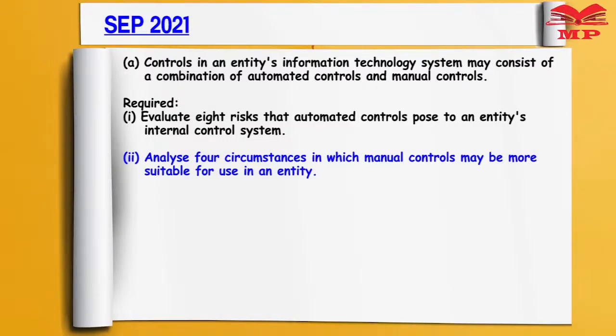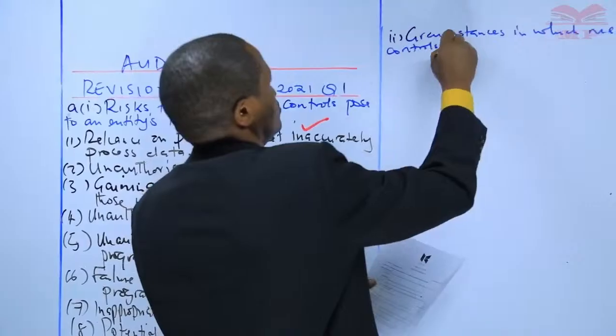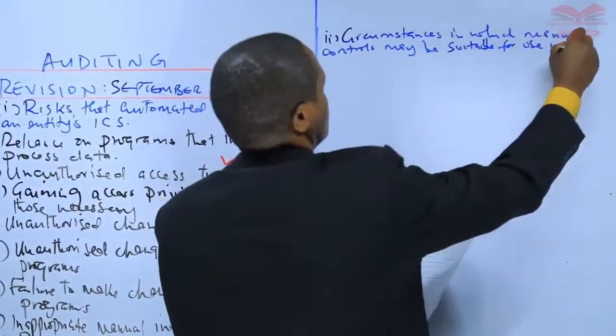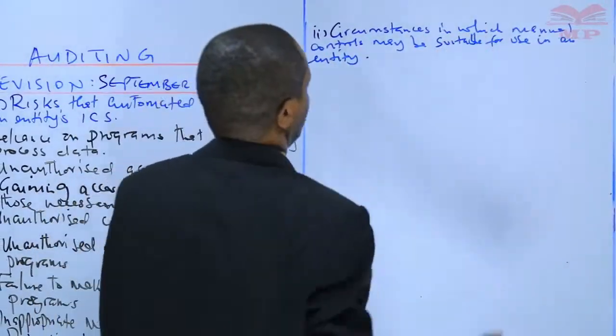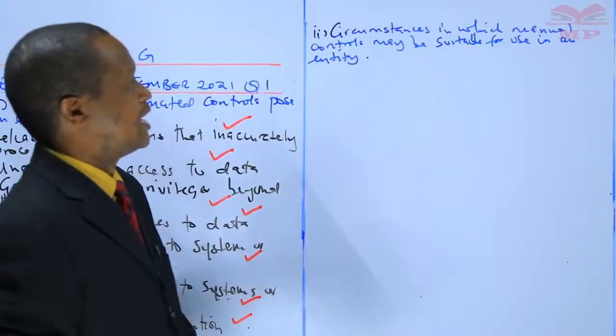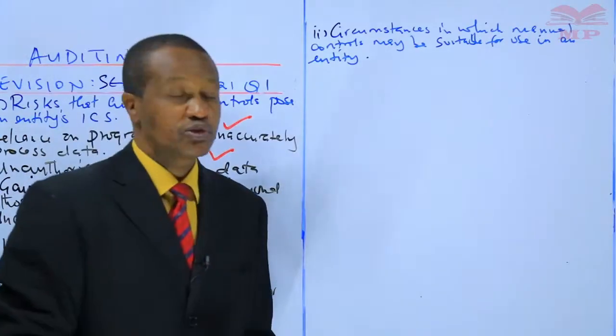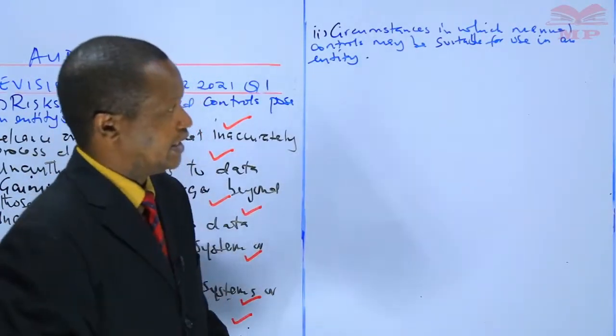Analyze 4 circumstances in which manual controls may be more suitable for use in an entity.